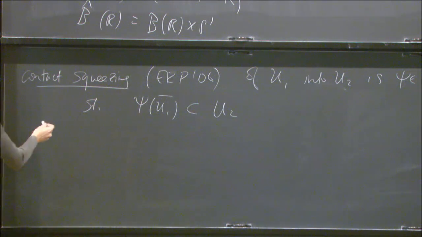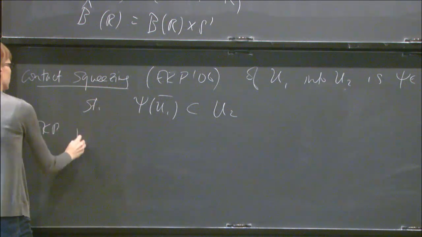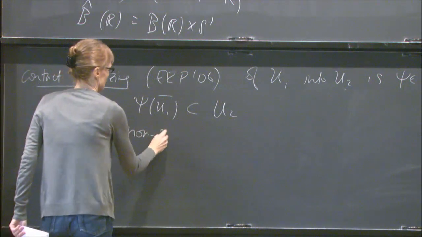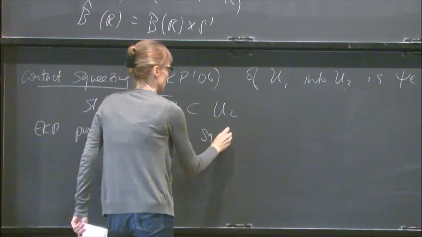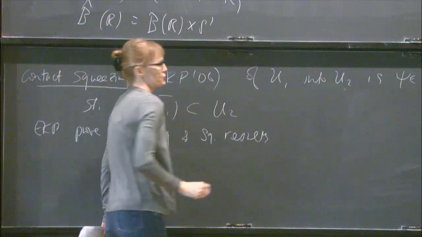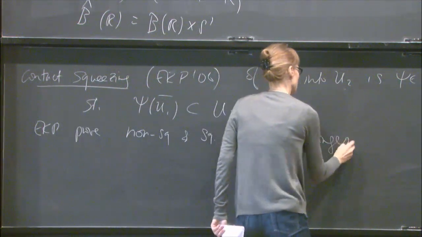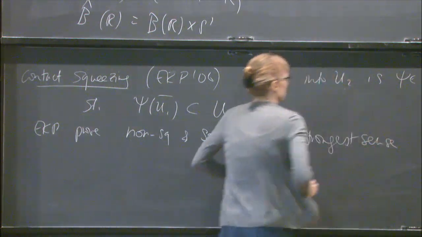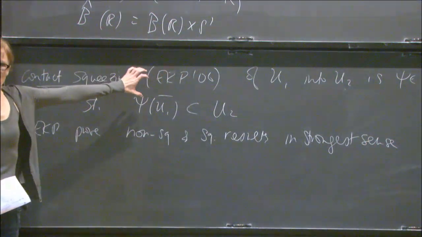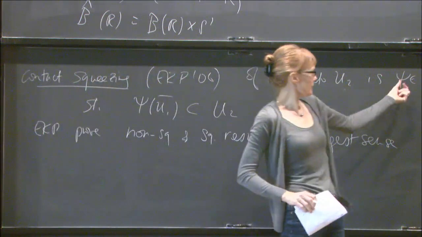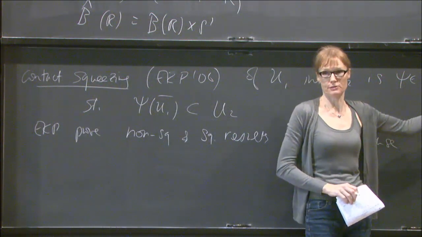However, in the paper, they prove non-squeezing and squeezing results in the strongest sense. What I mean by that is you could imagine defining a squeezing simply as an element psi in Cont instead of Cont 0.